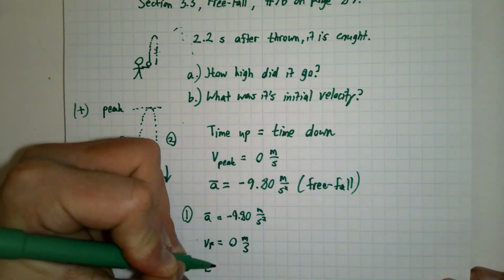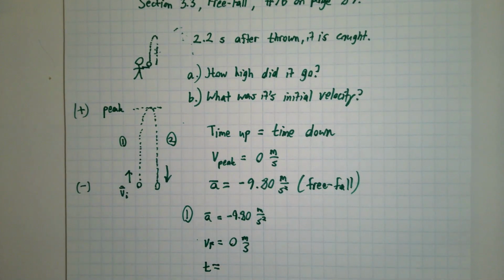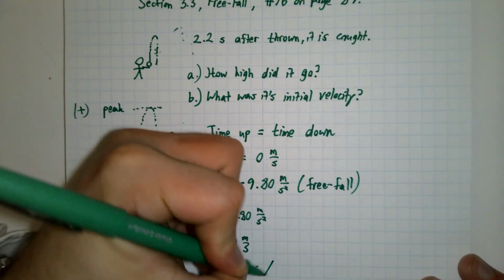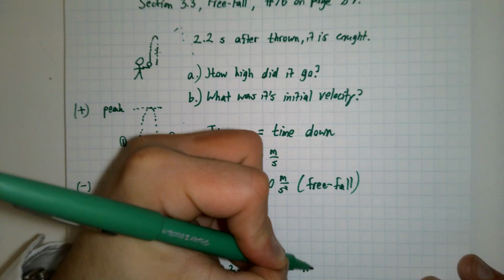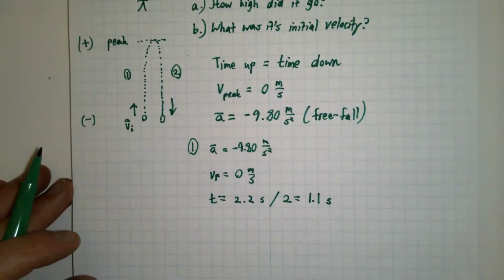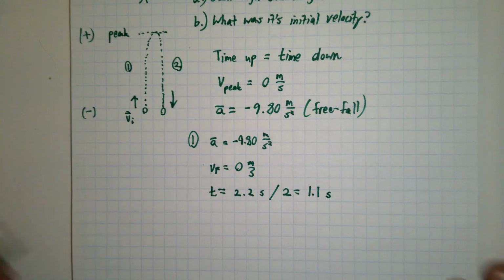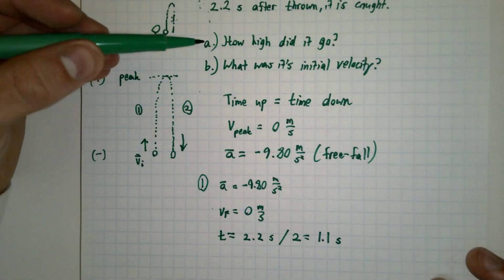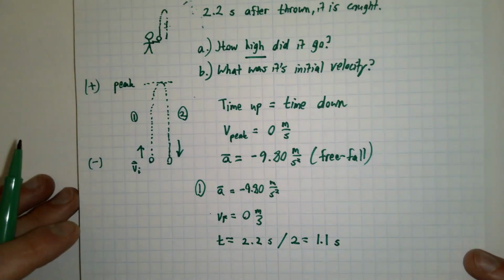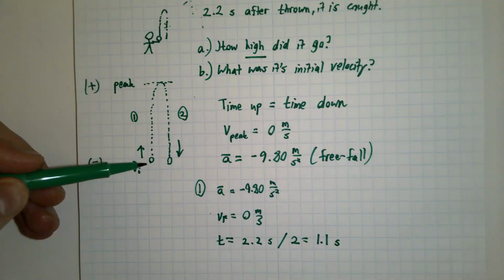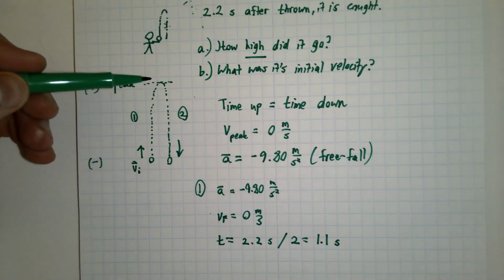We also know, because time up is equal to time down, that we can just take that 2.2 seconds and divide it by 2 to get us a time up of 1.1 seconds. What we're asked to find is how high it went. The question of how high our object went is a question of displacement. In other words, it started at some bottom, some 0, and ended up at some non-zero, right?